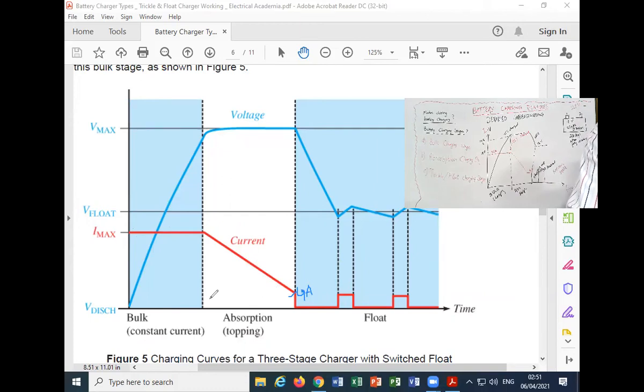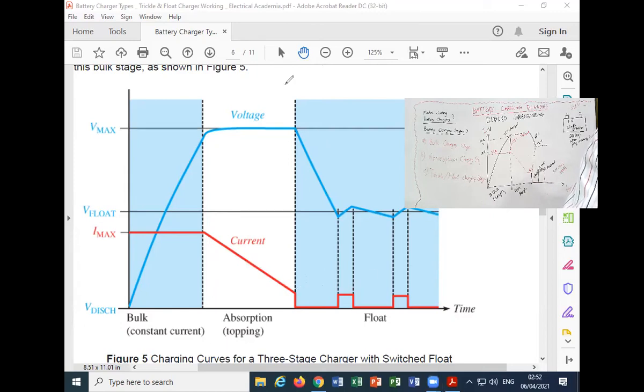Your battery may have some different value, so you adjust it manually, or there is some time that this current continues and then it ends. Sometimes the graph is made somehow like this. Let me draw it.